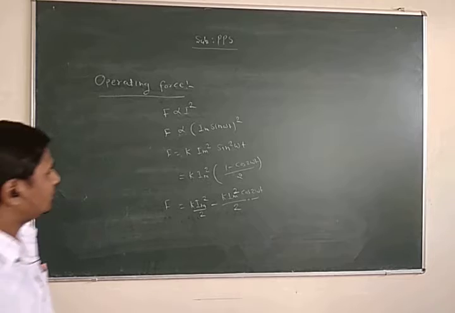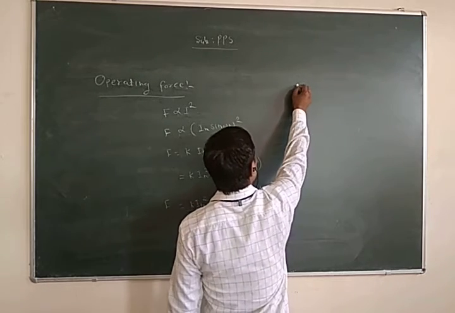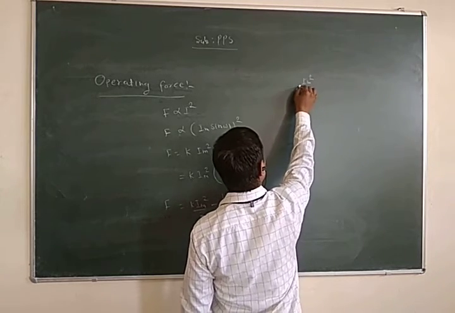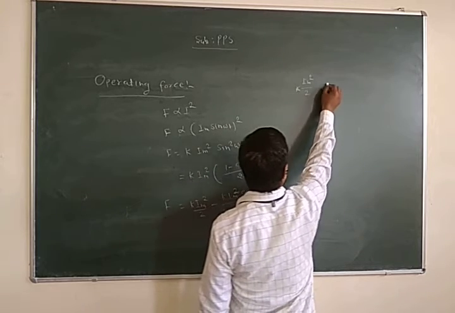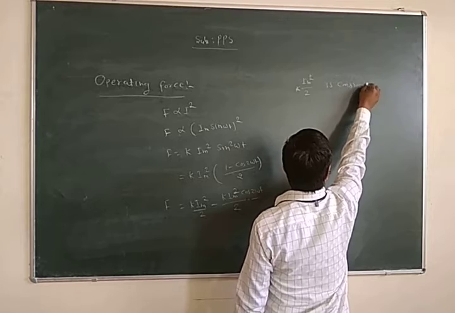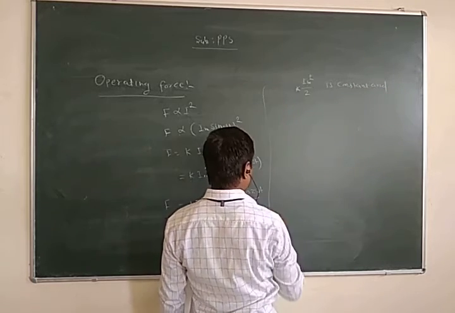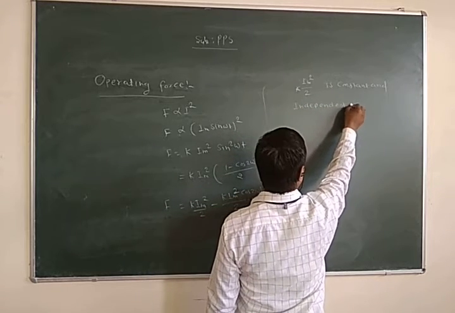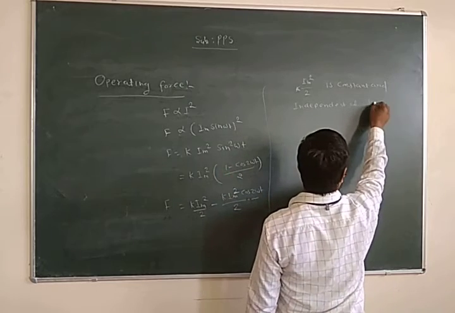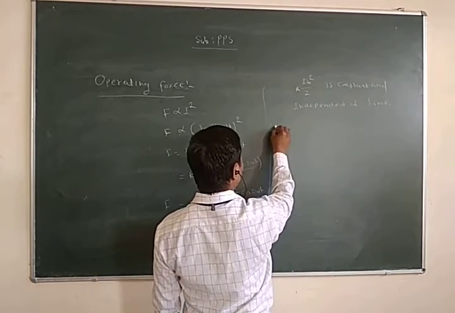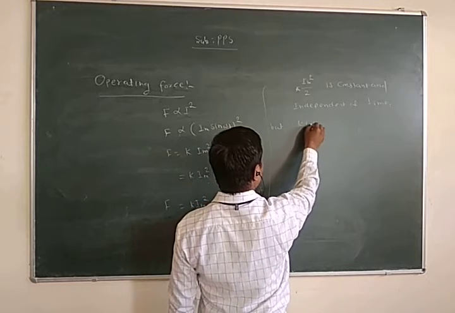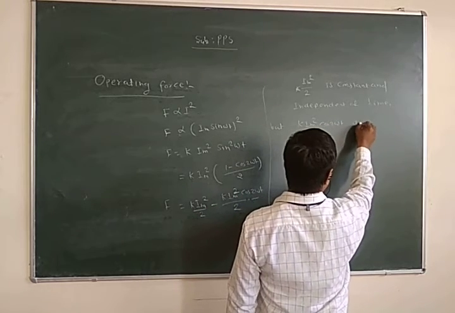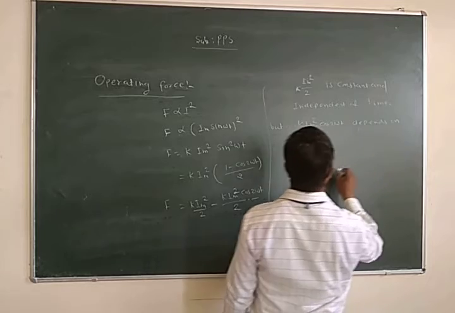So we can say that K Im square upon 2, part 1, is constant and independent of time, but K Im square cos 2 omega t depends on time.